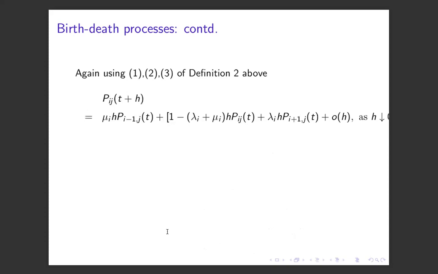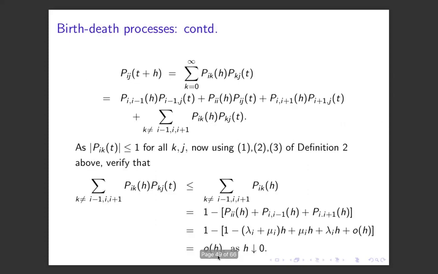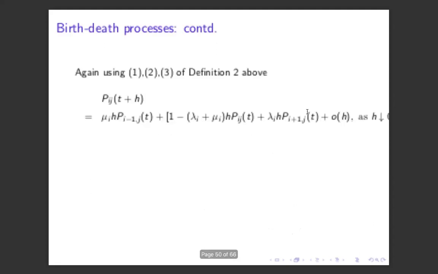So again, use those properties 1, 2, 3. For each of these objects, then you get the first object is going to be mu I times h times that other thing.